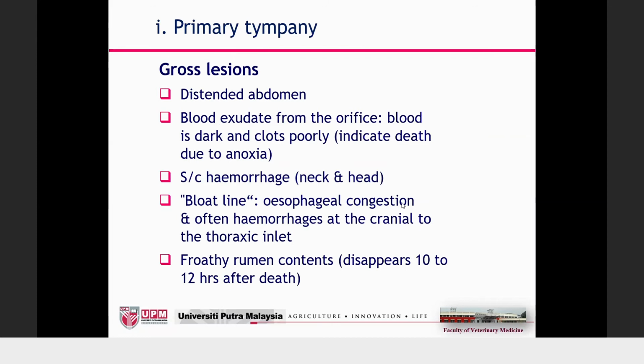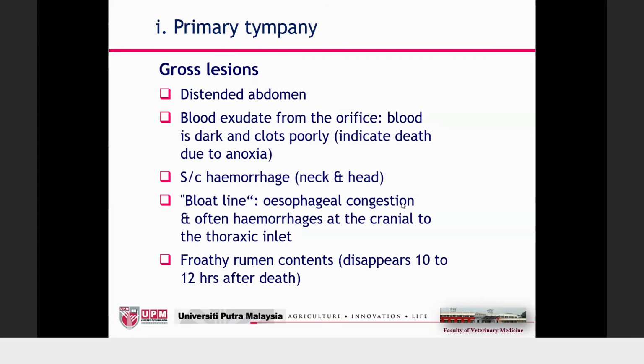And interestingly, you might also expect to see blood exudate from the orifices, meaning there will be blood oozing out, particularly from the oral cavity, nostril, or maybe also the anus. And usually the blood is dark and clots poorly because of a lot of carbon dioxide, due to the anoxia.